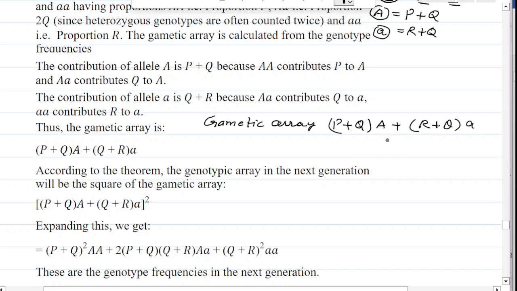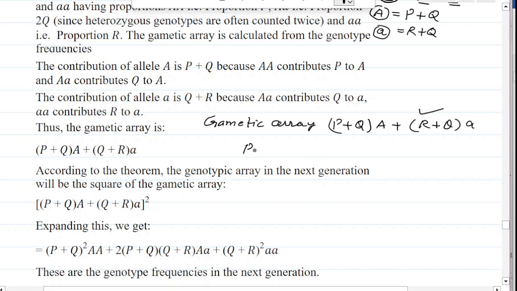So according to this theorem, the genotypic array in the next generation will be the square of this gametic array. So let us square it.